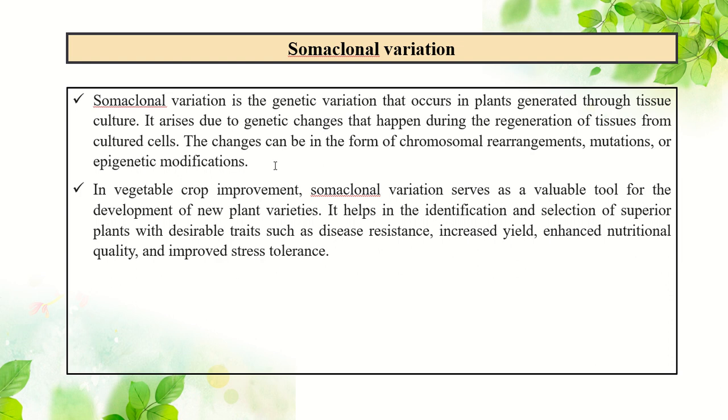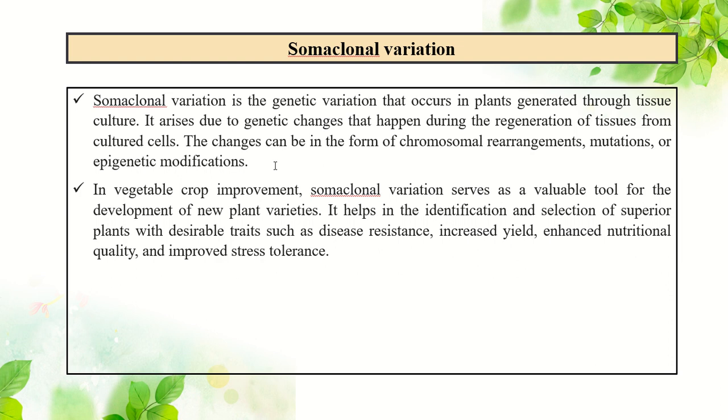It is due to genetic changes that happen during regeneration in tissue culture techniques, or from the cultured cell. Those changes can be in the form of chromosomal rearrangement. Now, these words you have to remember, as I said previously: chromosomal rearrangement, mutations, or epigenetic modification.